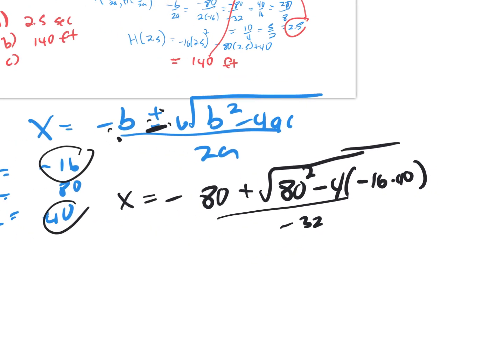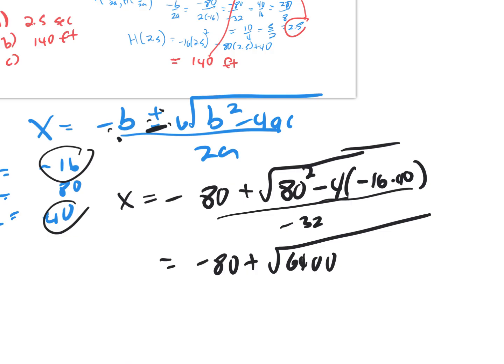Still divided by 2a, which was 2 times the negative 16, so it's a negative 32. With that, I'm going to just keep it negative 80 plus the square root of 8 times 8 is 64 with 2 zeros. Minus and a minus becomes a plus. 4 times 16 times 80. That's probably where I'll pick up a calculator. And I'm going to go right to the final answer over negative 32.